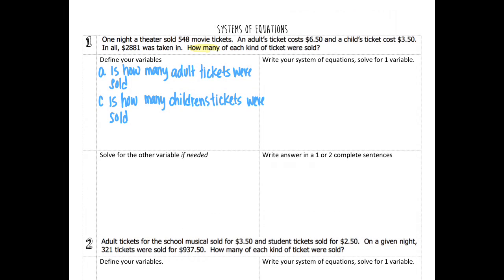Okay. If I look at this top problem, it tells me very clearly that they sold a total of 548 movie tickets. That means all the adult tickets and all of the children's tickets together, there were 548 of them.